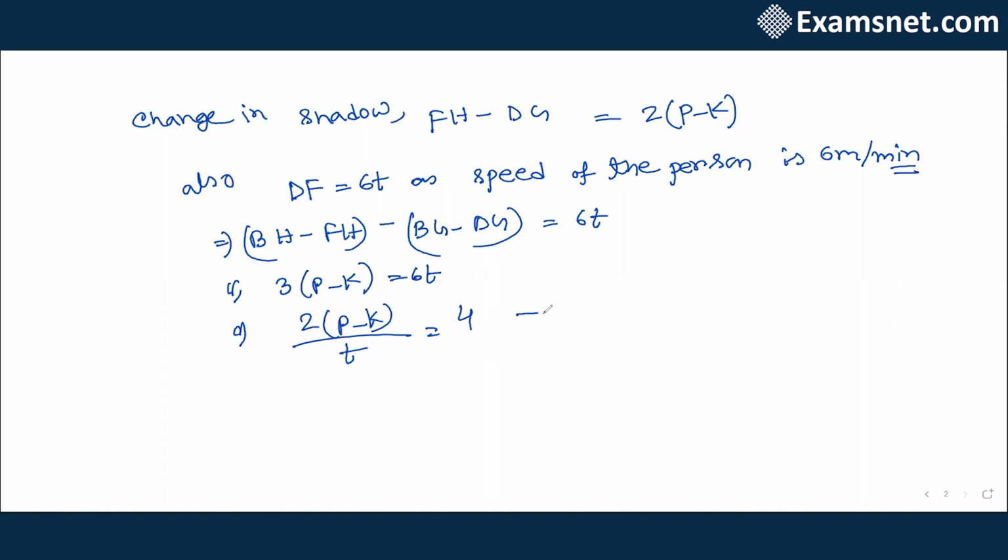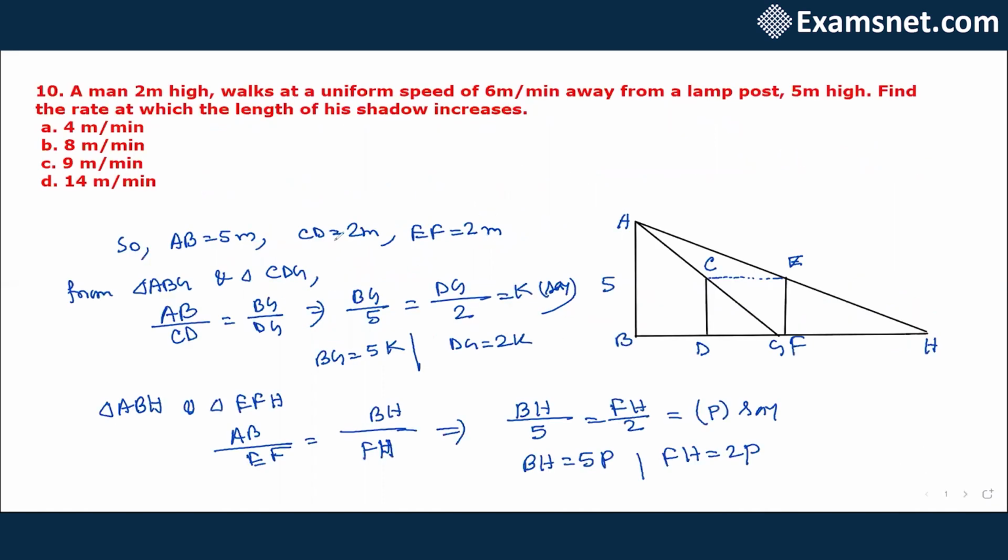So here the required rate of change is 4 meter per minute. Okay, so this is the required rate of change, 4 meter per minute. So here option A is the correct answer.